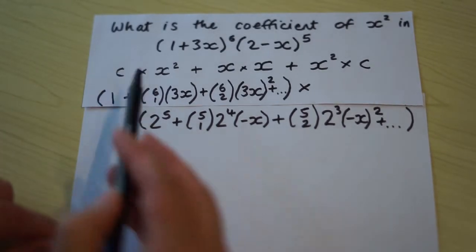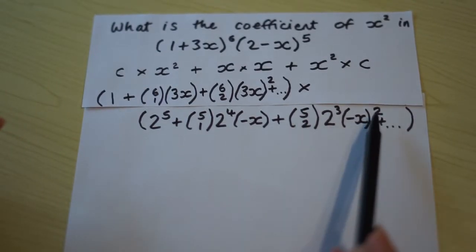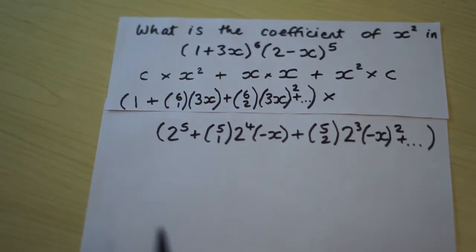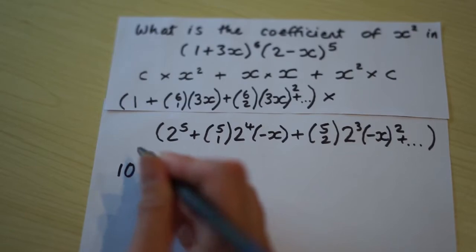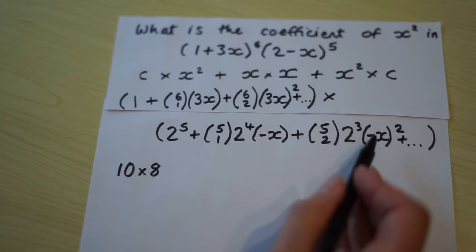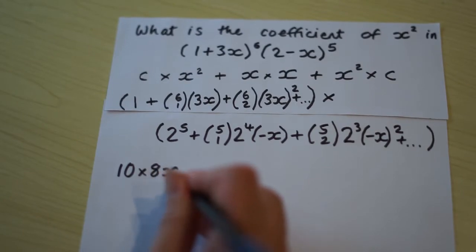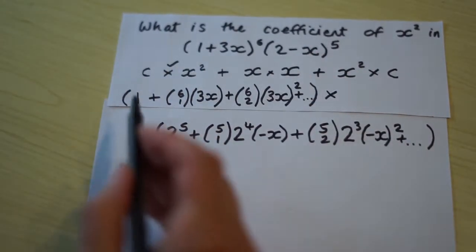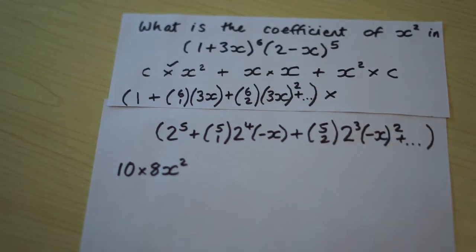So we've got 1, the constant term, multiplied by this term in the second bracket, which is going to generate the x squared term. 1 multiplied by 5 choose 2, which is 10, multiplied by 2 to the power 3, which is 8, multiplied by minus x squared, and that will be x squared. So here we've done that one now. So we've done the constant multiplied by the x squared term in the second bracket.